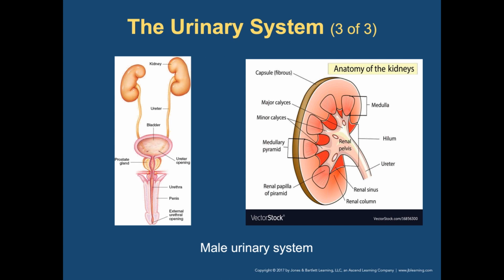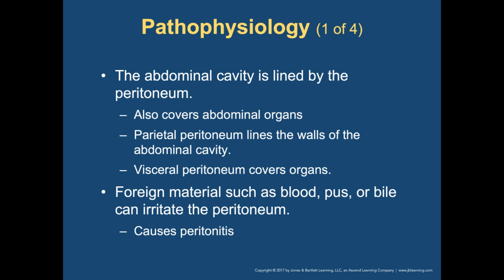All right, next. The pathophysiology: the abdominal cavity is lined by the peritoneum. The peritoneum also covers the organs of the abdomen. The parietal peritoneum lines the walls of the abdominal cavity. The visceral peritoneum covers the organs.